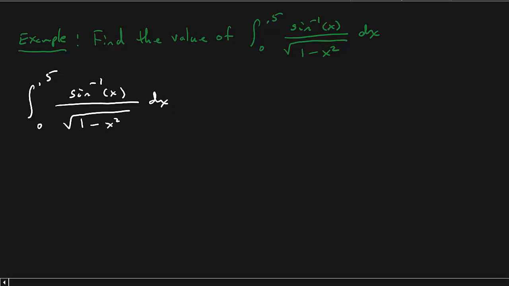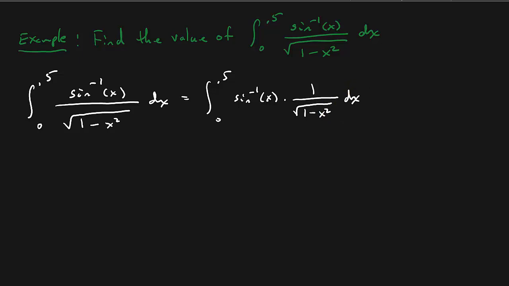All right, so this problem looks a little more difficult, but let's rewrite the problem. I could rewrite this as the integral from 0 to 0.5 of inverse sine x times 1 over the square root of 1 minus x squared dx. Okay, so why in the world did I do that?